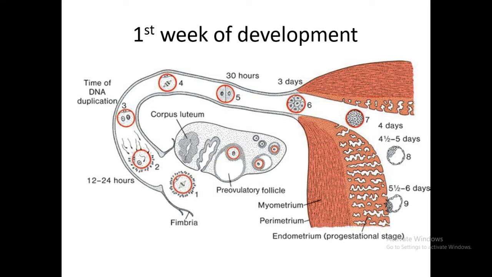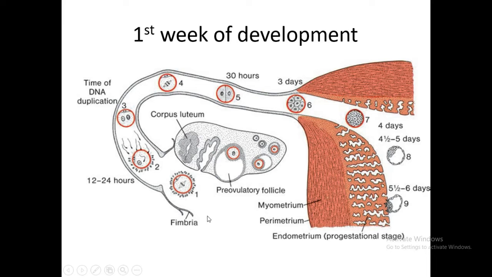This is the first week of development. We have seen in our previous class this figure of the uterine tube, ovary and uterus, and all these structures show the events occurring in the first week of development.